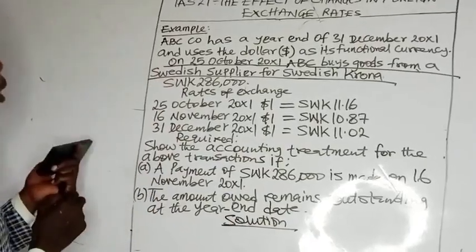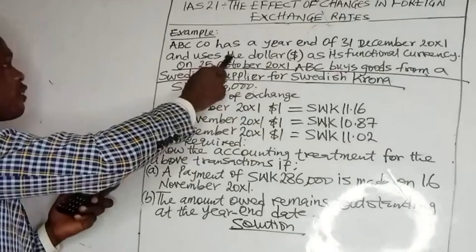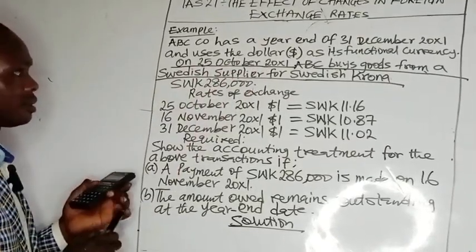Solution. The transaction occurs on the 25th of October 20X1.